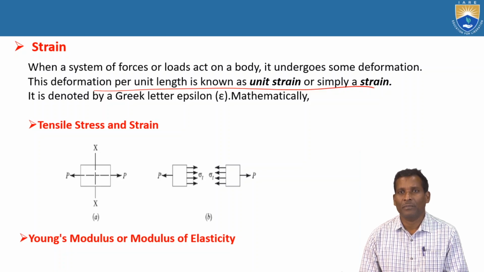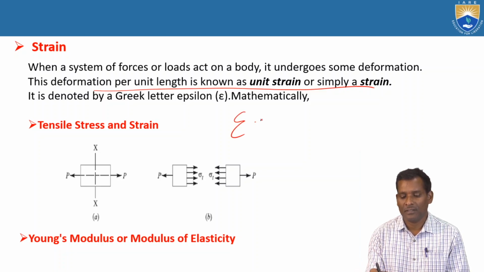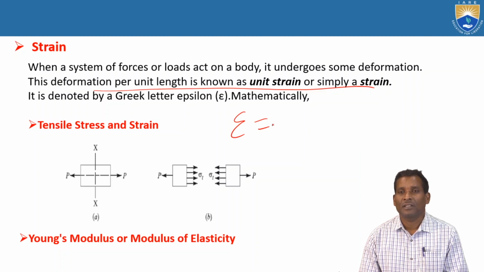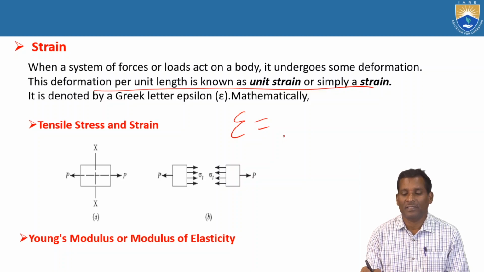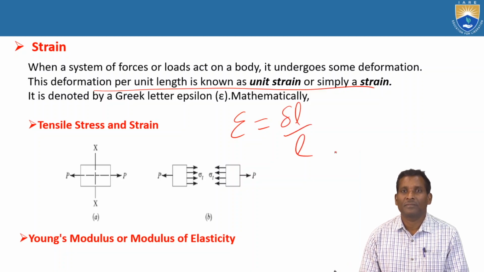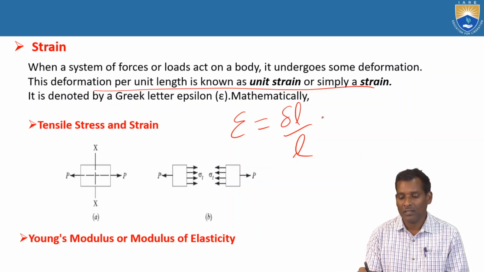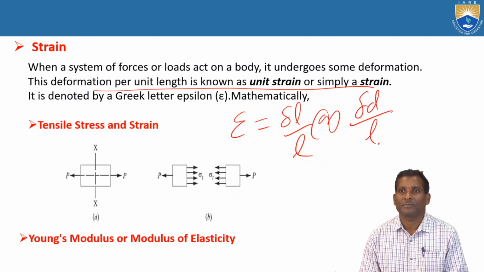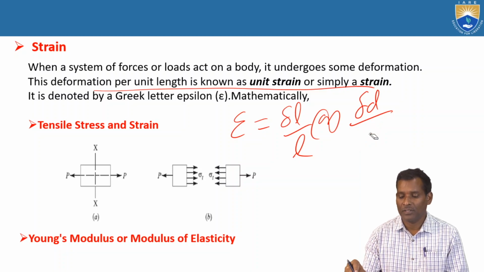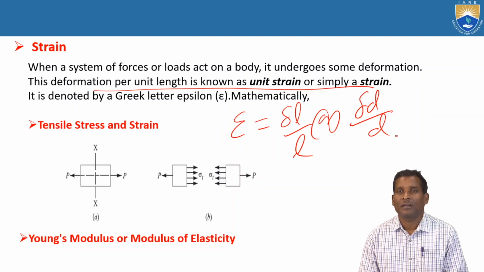You can denote it with the letter epsilon, and mathematically it is change in length by original length, delta L by L, or change in diameter by original diameter. Like this you may calculate strain.